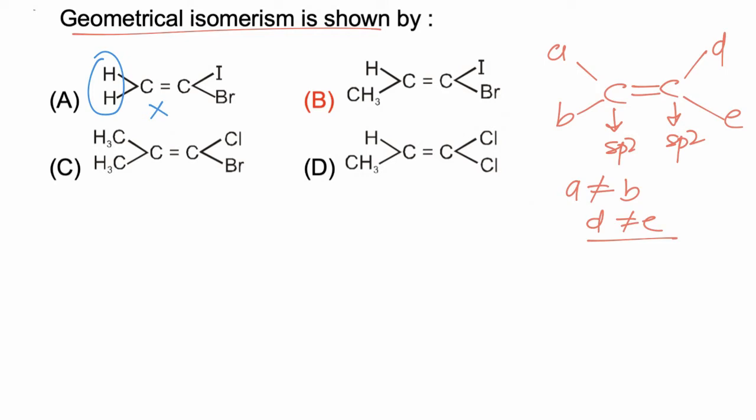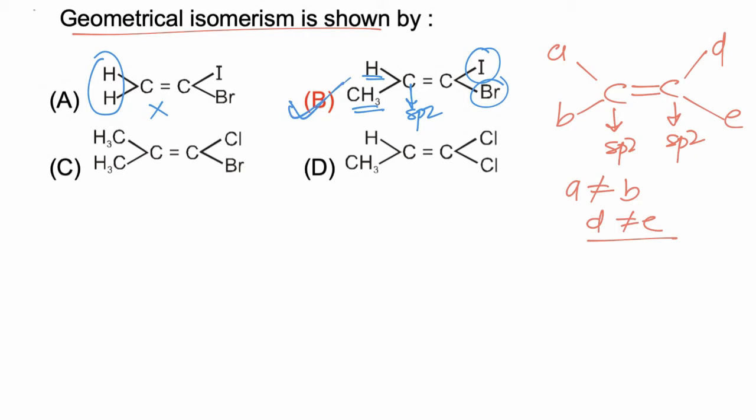Now if we consider the second example, H and CH3 are different, so the groups attached to the left sp2 carbon are different, and the groups attached at the right carbon, I and Br, are different. So both sp2 hybridized atoms have individually different units on the terminal, so this will show GI.